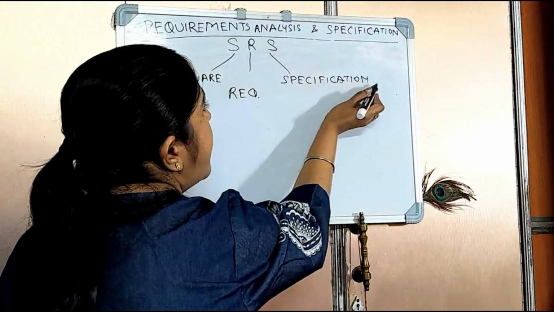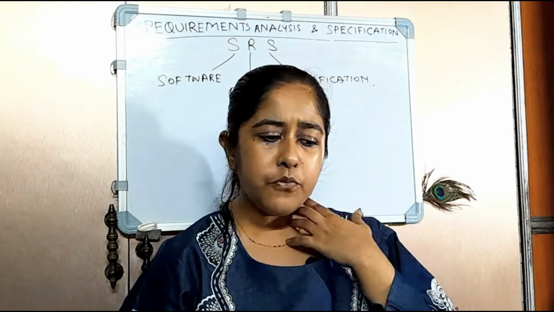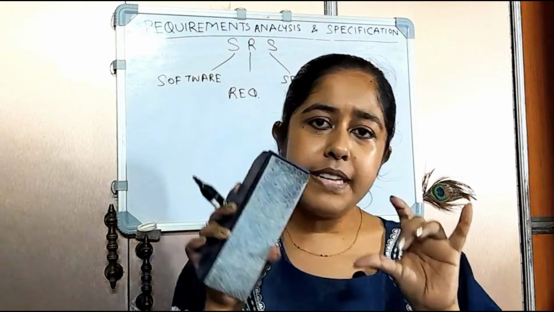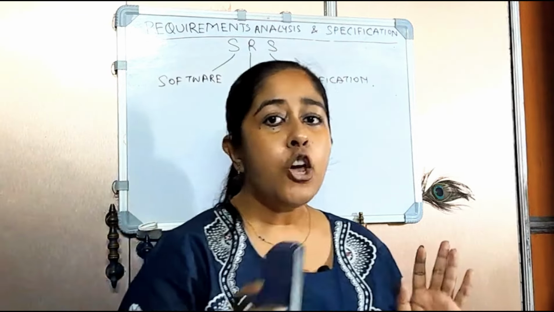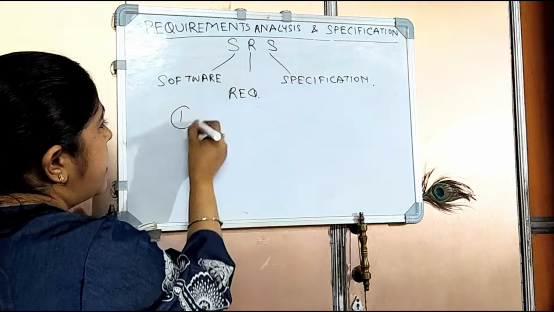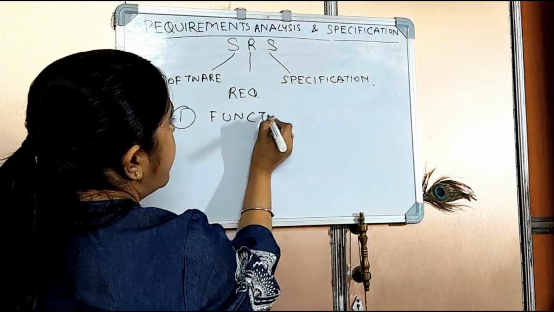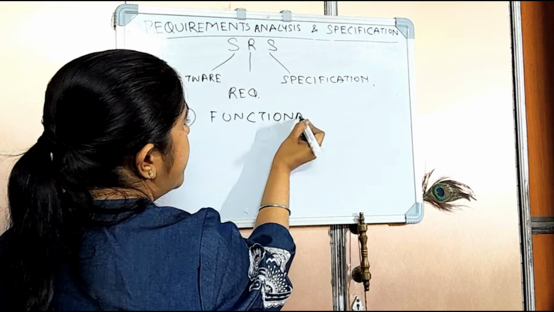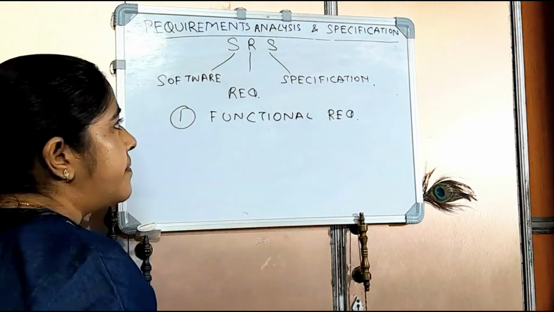Okay, now what is within this SRS document? In the SRS document, they note mainly three basic things. What are those things? First one is functional requirement, what are the functional requirements of your system?